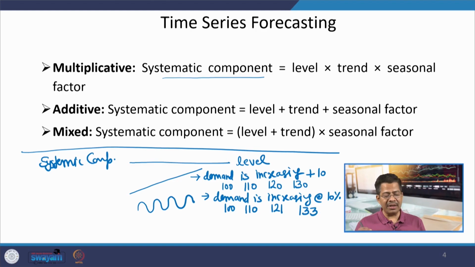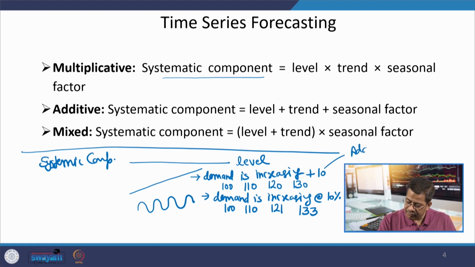So, now demand is increasing at the rate of 10%. So, you may have your trend either additive trend or multiplicative trend, both these things are possible. This is additive, this is multiplicative.